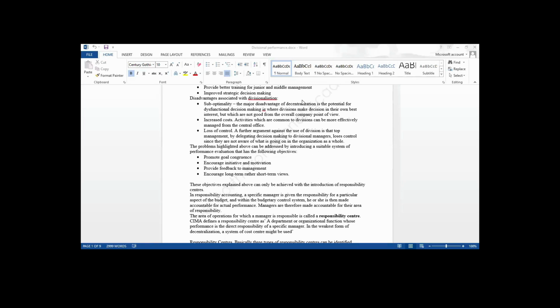Point number 3, the performance evaluation system must provide feedback to management. And lastly, the performance evaluation must look at long-term benefits, not short-term. In other words, we are not only talking of profit performance.